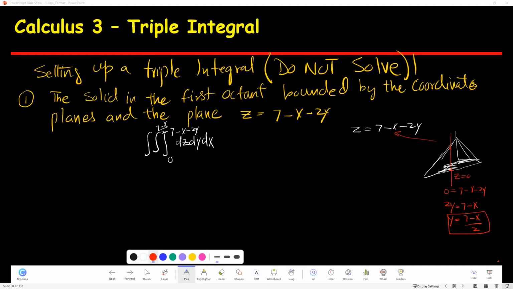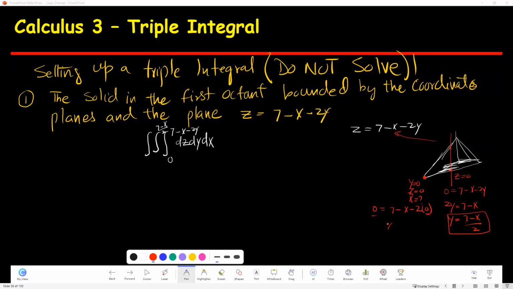Then I'm going to go back again and substitute this value of y equals 0. At this point, y equals 0, z equals 0. X, I don't know. So what I'm going to do is take the first equation: 0 equals 7 minus x minus 2 times 0, since both z and y are 0.